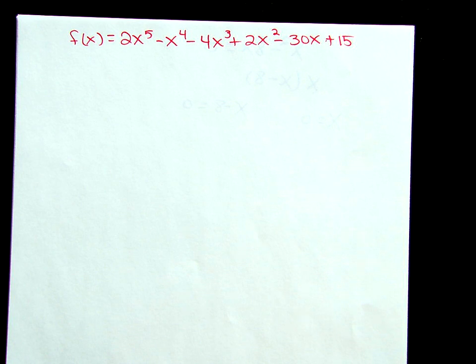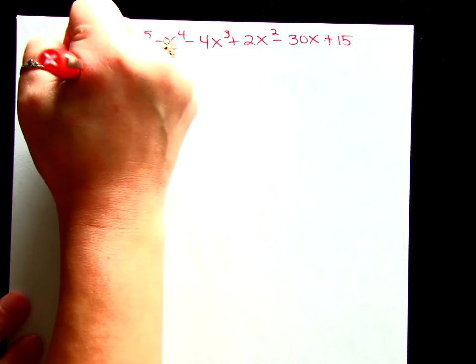So the first thing we're going to do is identify all of our possible zeros. Some of your homework problems could ask you to list out all your possible zeros. That means you need to find them using your rational zero theorem, or rational root theorem. We're going to look at our constant over leading coefficient.